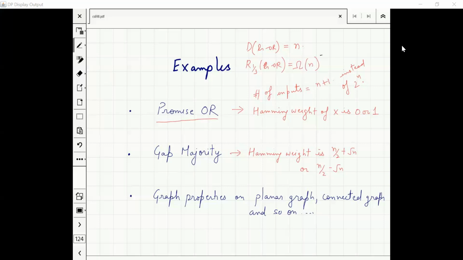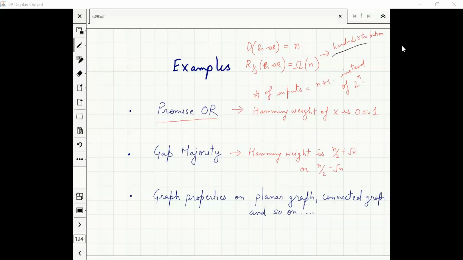Can you think of why it still holds for promise OR that R of 1 by 3 is omega n? Because we had cared about the worst case scenario when we were deriving that, and there the Hamming weight was 1 or 0. Remember the hard distribution which we talked about?